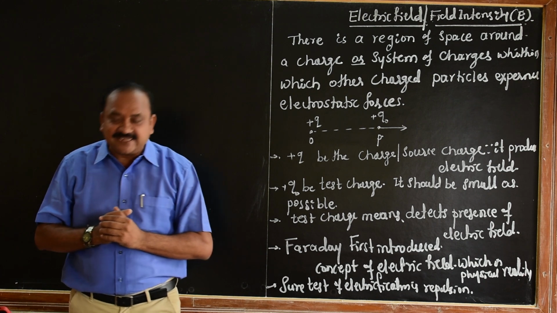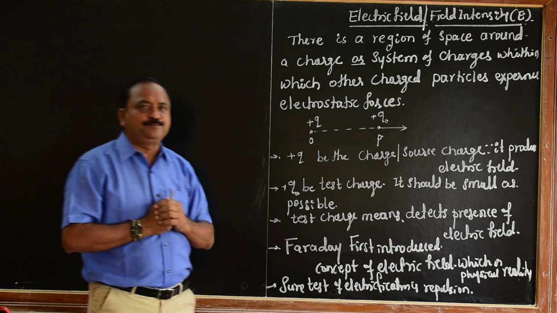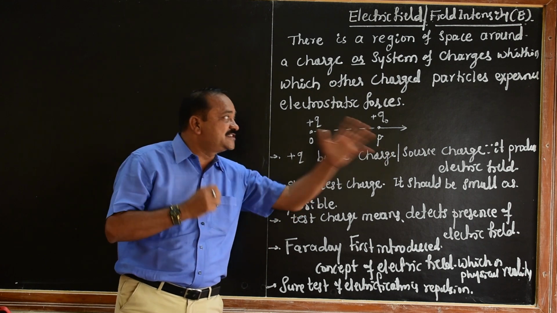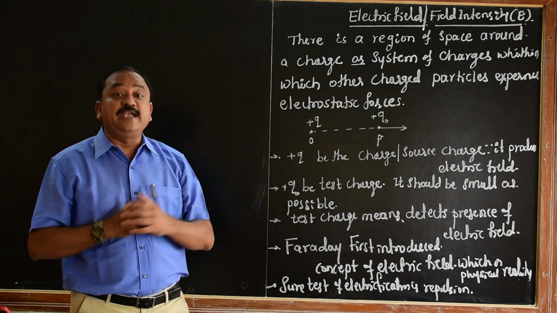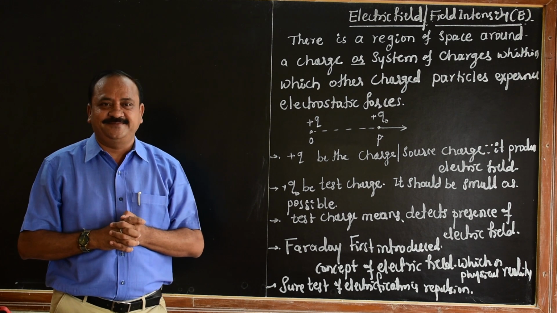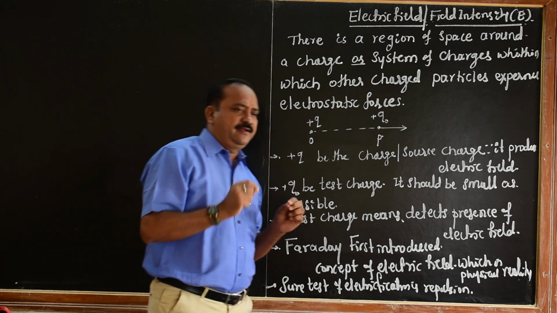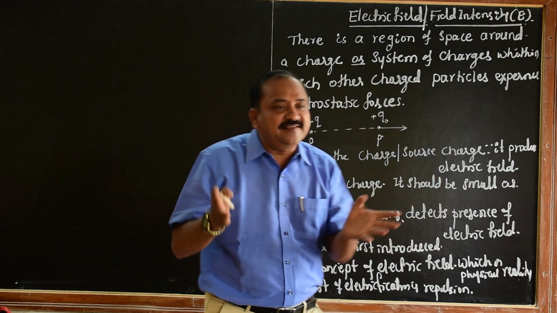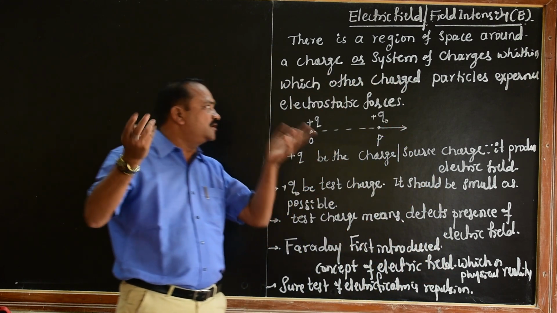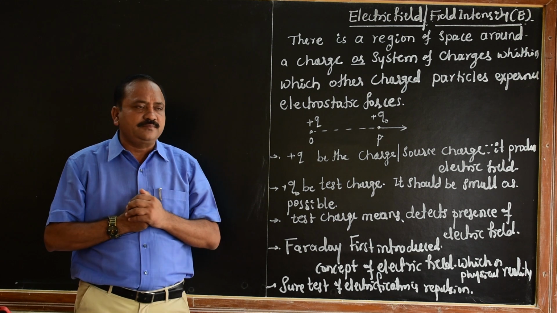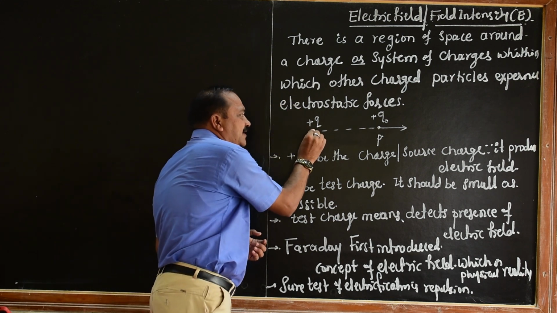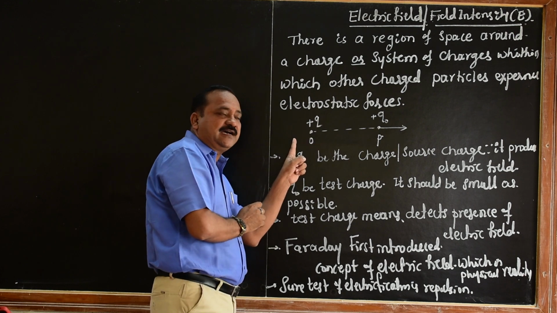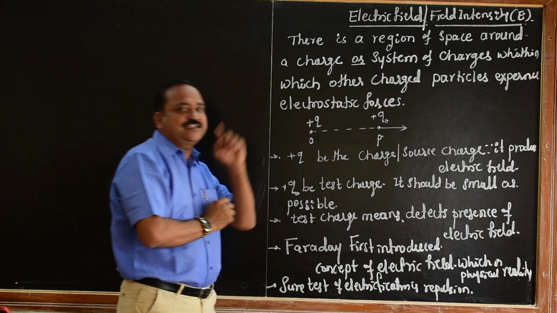In this case, let me take plus Q as the charge or source charge. It produces the electric field. Say plus Q is the point charge placed in some medium, that air medium. This plus Q is a point charge or source charge.